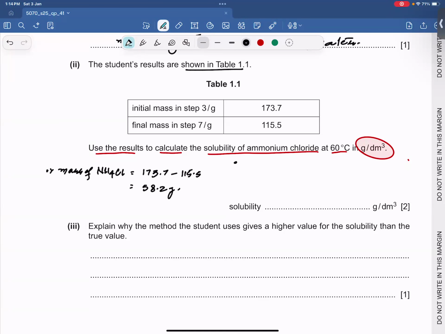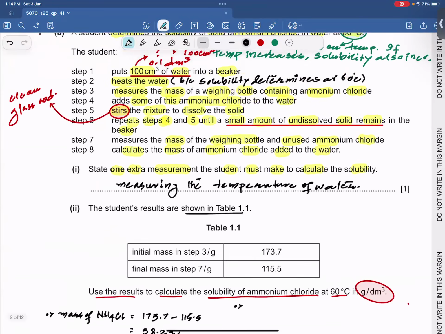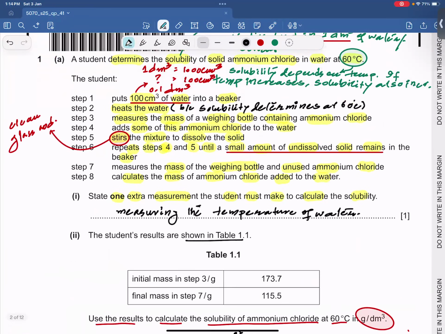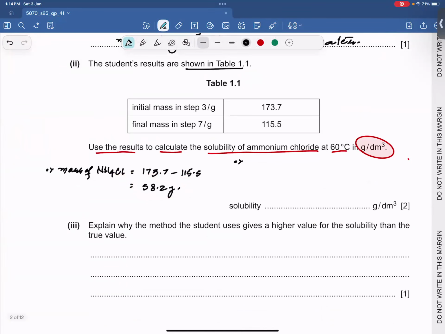We need to find the solubility in gram per dm cube. We have 0.1 dm cube because we were using 100 cm cube of water. We know the mass and the dm cube, so we can find the solubility: mass over volume of water in dm cube.